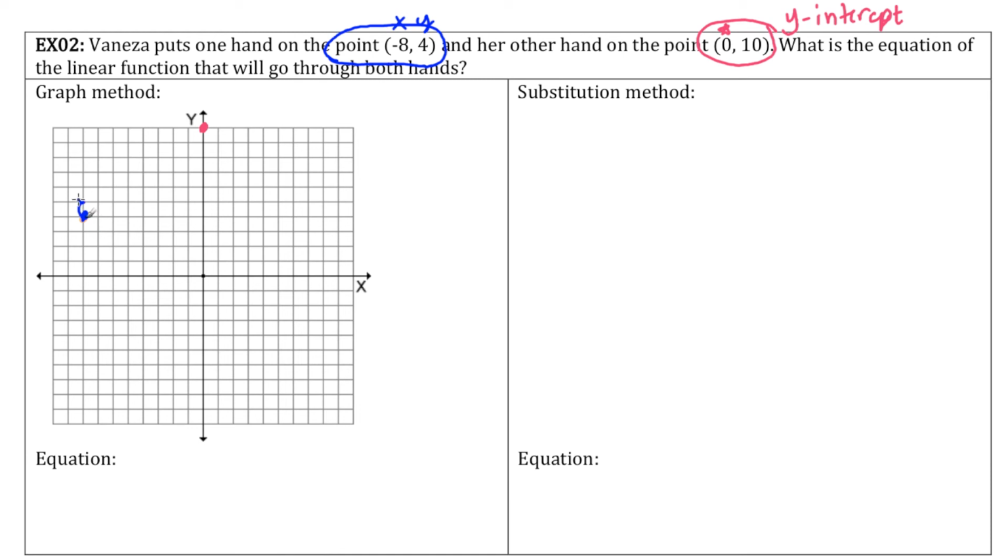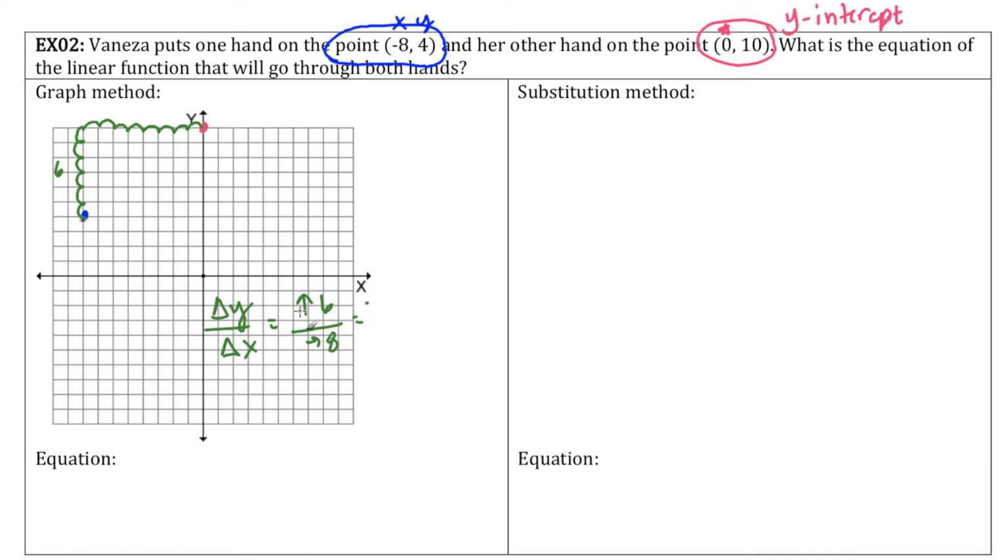I'll do it in green. 1, 2, 3, 4, 5, 6. So change in y over change in x. I go up 6. And then 1, 2, 3, 4, 5, 6, 7, 8, and then I go right 8.